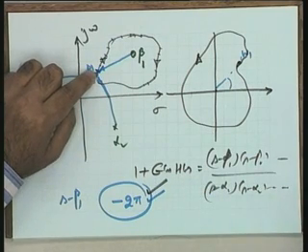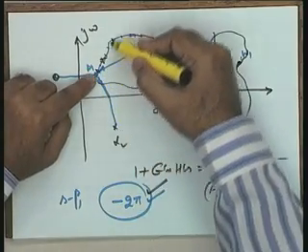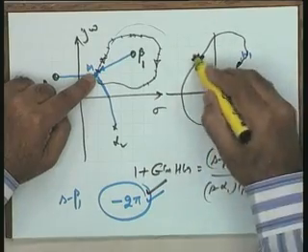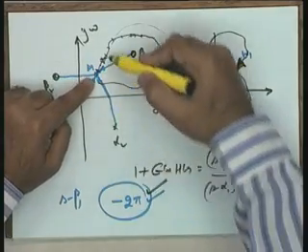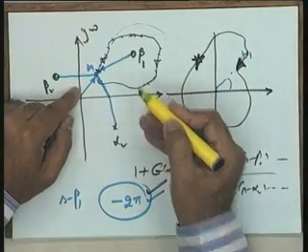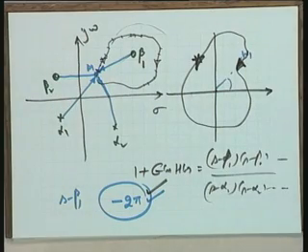What is the angle, please help me. If you travel this way, the angles are taken negative, the net angle is minus 2 pi, the clockwise direction. So it means this is going to encircle the origin in the clockwise direction once.